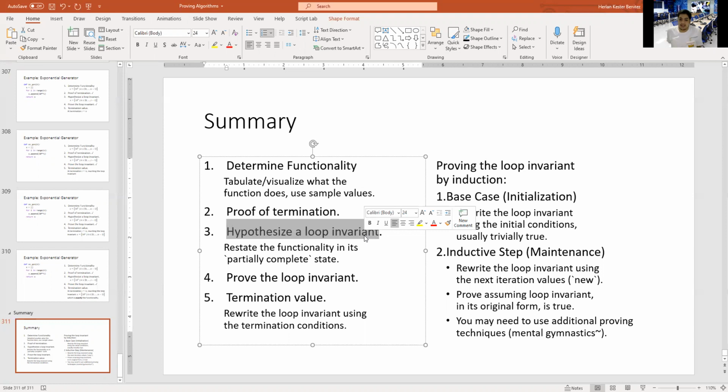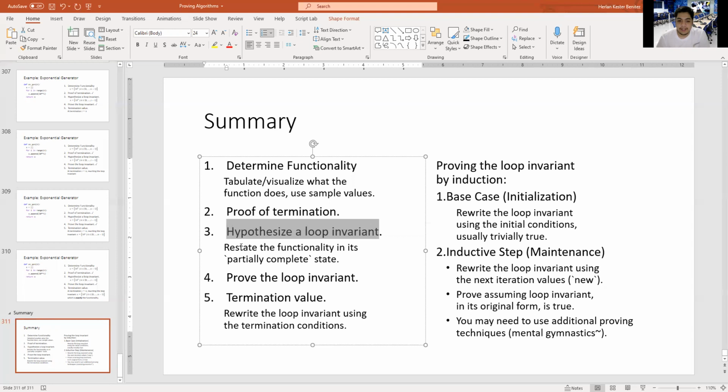So I think ang better term is hypothesize a loop invariant kasi when we make a hypothesis, hindi tayo 100% sure na tama siya. Pero meron tayong pinagbasihan doon sa pag-formulate sa kanya. So, parang inference, kumbaga, na may konting basihan.